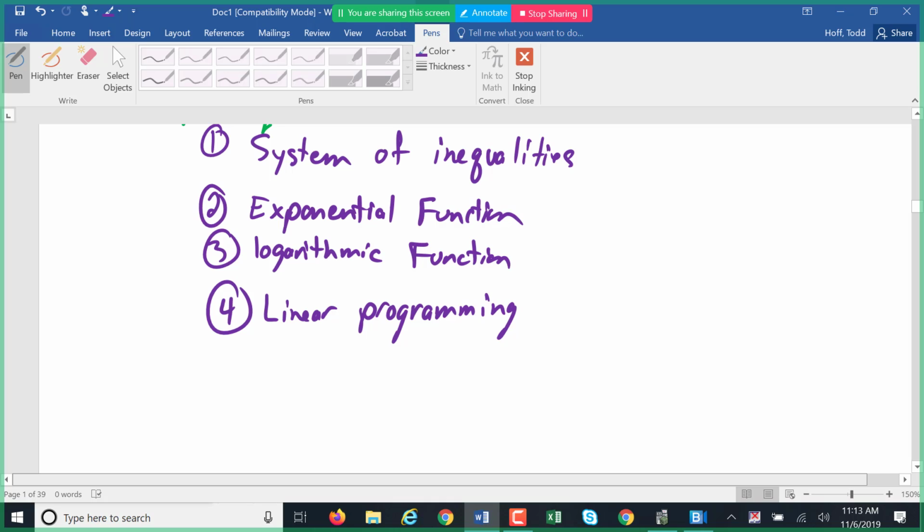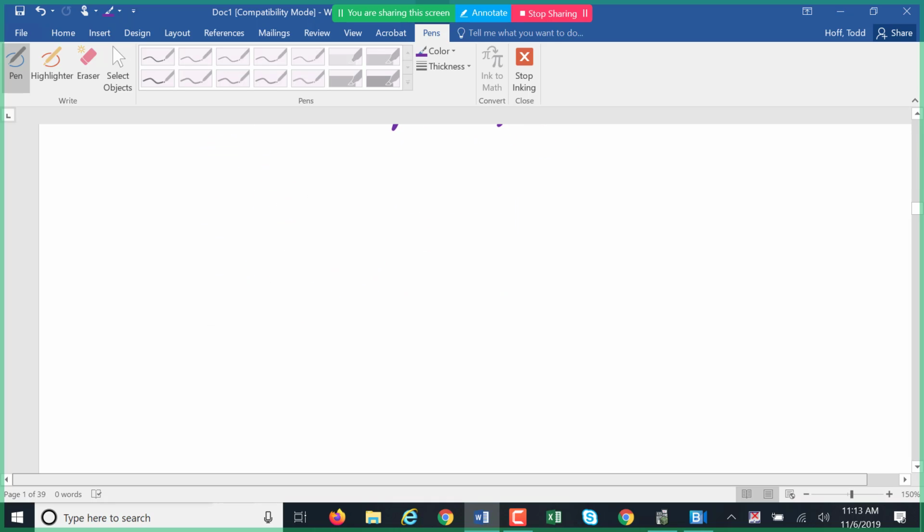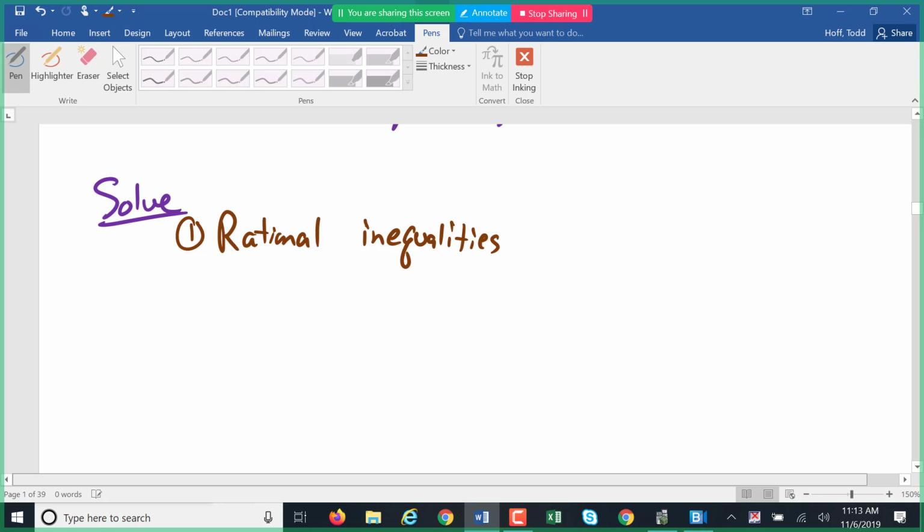You need to be able to solve rational inequalities and polynomial inequalities. This goes back to our first day of Unit 2.